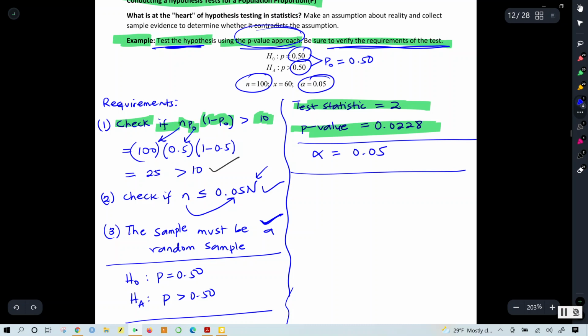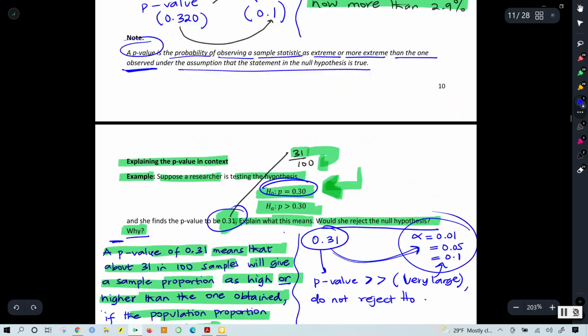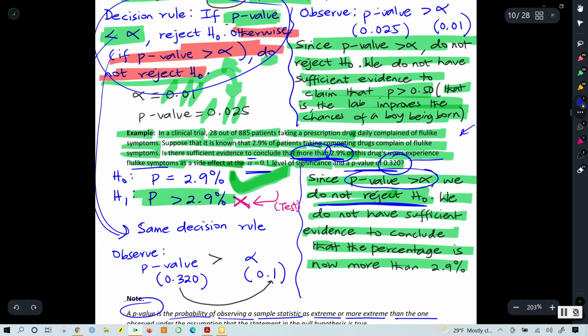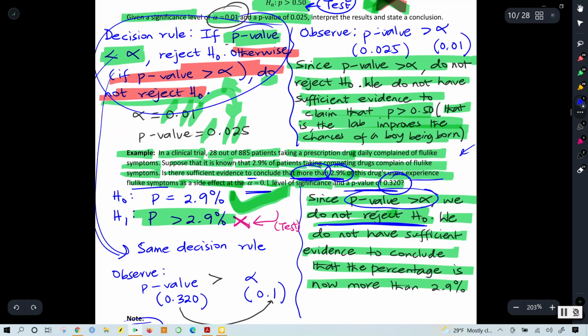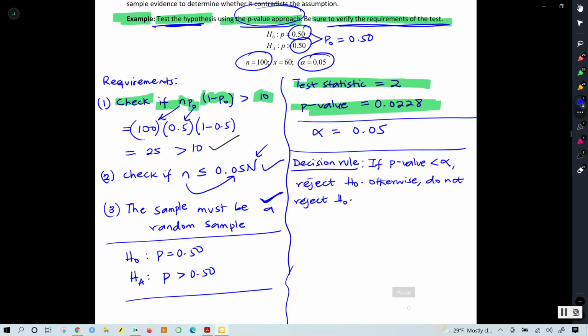So this is a good time to remember my decision rule, the decision rule we mentioned earlier when it comes to using the p-value and alpha. It is that if the p-value is less than alpha, I should reject the null hypothesis. Otherwise, if the p-value is greater than alpha, I should not reject the null hypothesis. So let's see.